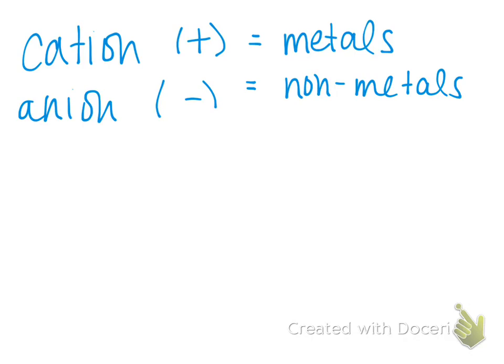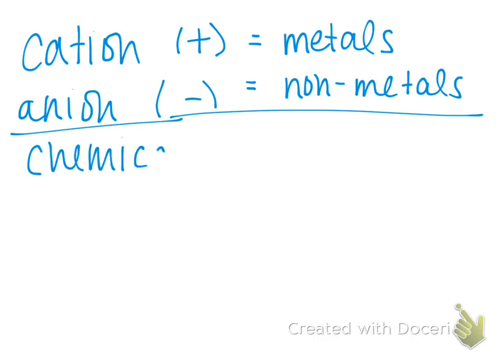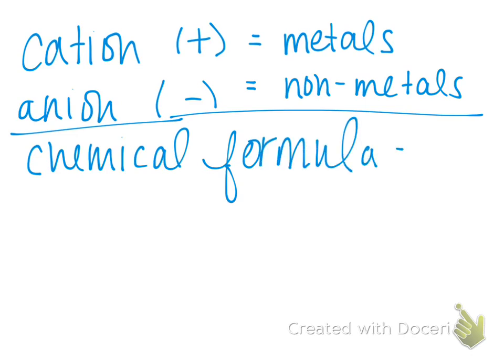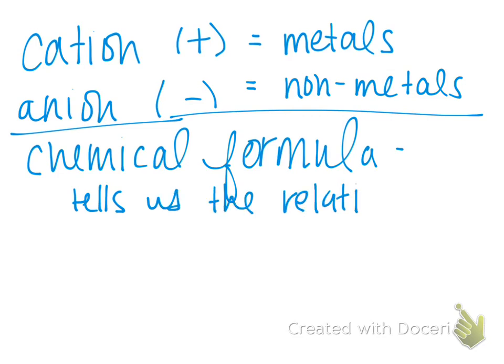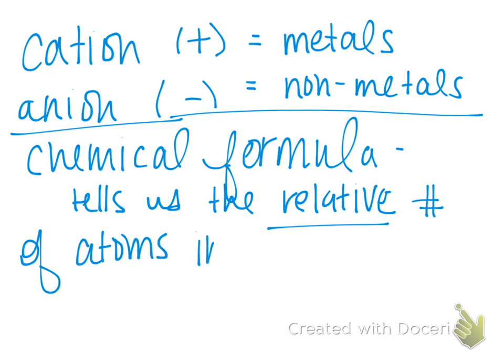Metals and nonmetals. So when we're talking about naming, we're going to talk about naming a chemical formula. What a chemical formula is, it tells us the relative number of atoms in a chemical compound.